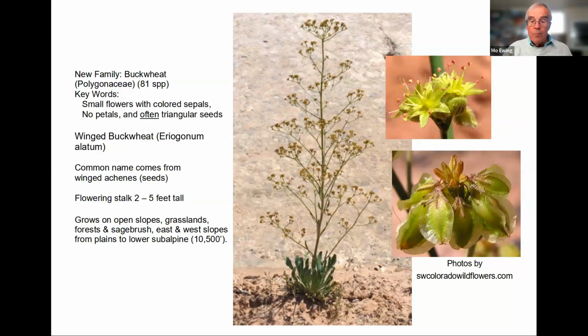And this is called monocarpic, a monocarpic form. This plant's common in open slopes and grasslands and forests and sagebrush on the eastern and western slopes, from the plains and semi-desert shrublands to the low subalpine. So this has a big altitude range.